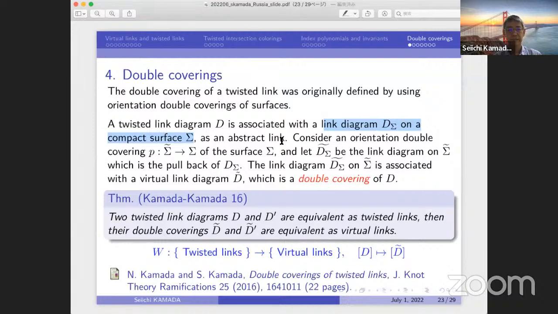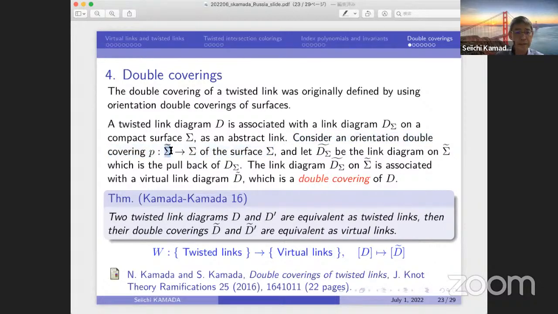As I said before, there is a one-to-one correspondence between twisted rings and abstract links. So an abstract link is represented by a diagram on a compact surface, but sigma is not necessarily oriented. It is usually non-orientable. And consider the orientation double covering of the surface sigma.